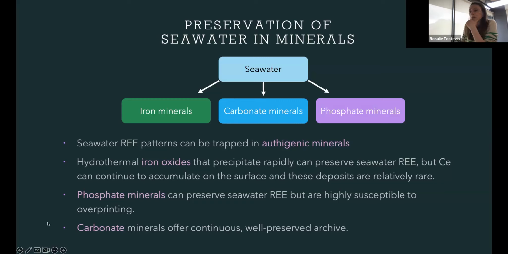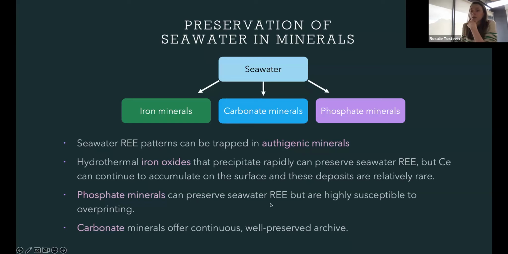Phosphate minerals, there's some promising data showing, for example, covariation between negative cerium anomalies and other indicators of primary redox, like bioturbation. So there are some people that believe they're recording primary marine cerium anomalies, but they are susceptible to overprinting. They continue to scavenge rare earth elements in a non-quantitative way during diagenesis.